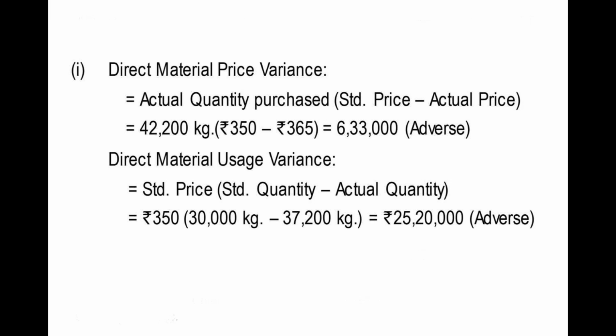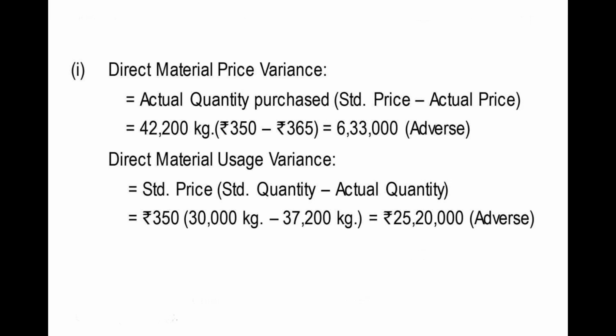Direct material usage variance. Due to usage there will be a variance. That variance may be adverse or it may be favorable to the company. So write computation of material usage variance.